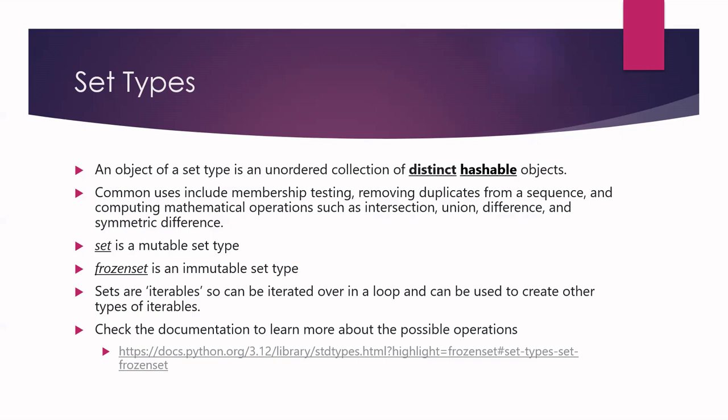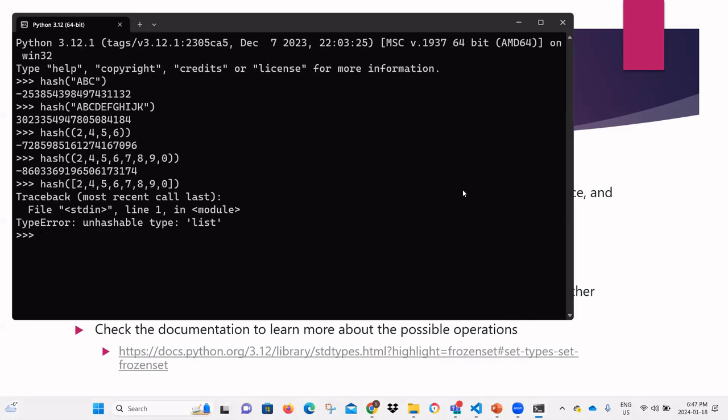Now the concept of a set in math is a collection of numbers that are unordered. Even if they appear in some order, the order is not meaningful. So let's try some sets here.